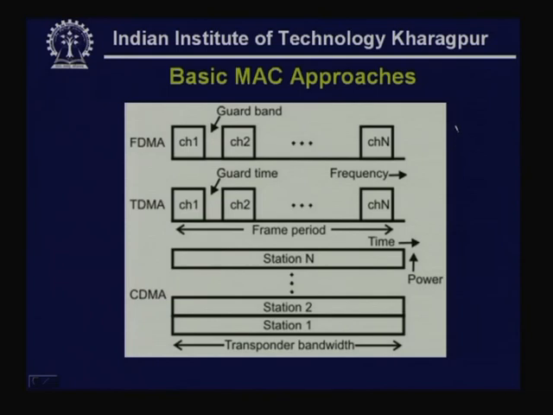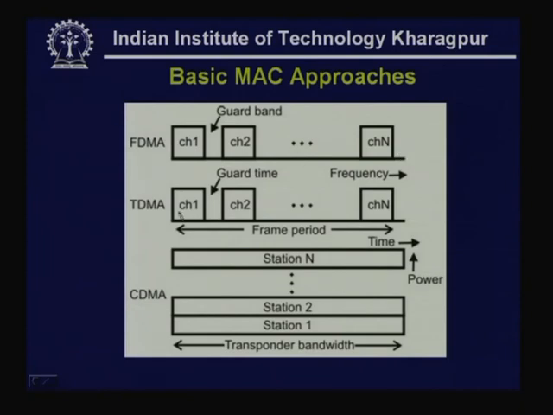And as I have discussed, we can use FDMA, TDMA and CDMA depending on various applications. FDMA provides the simplest communication, because here there is no need for synchronization, and no question of collision.